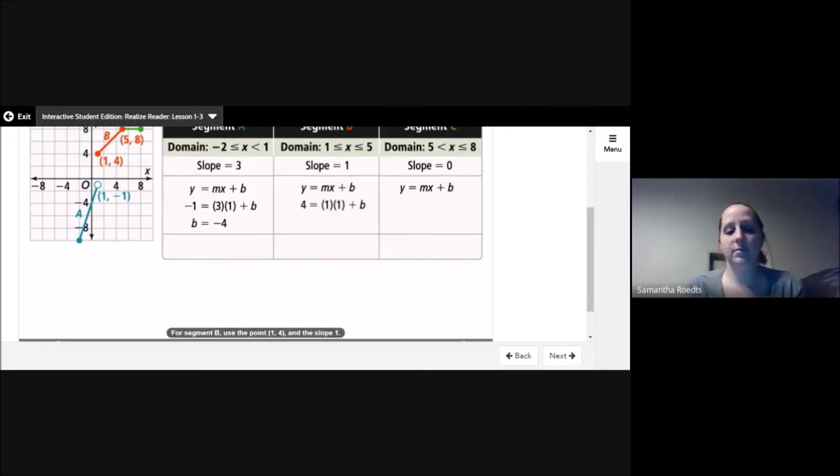For segment B, use the point 1, 4, and the slope 1. The y-intercept is at 3. For segment C, use the point 5, 8, and the slope 0. The y-intercept is at 8. Use slope-intercept form to define the function for each segment.